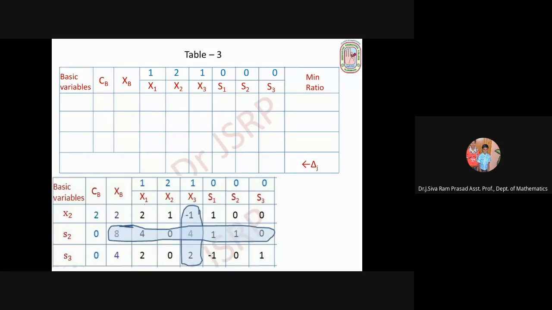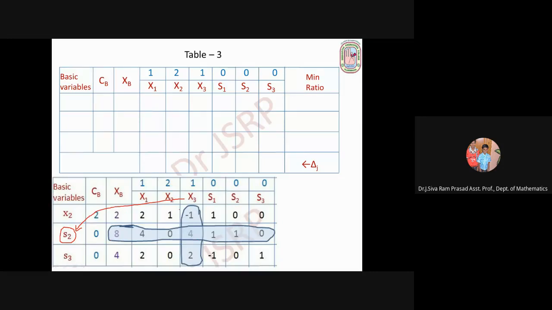So this is table 2, previous table. Observe table 2. First fill the basic variables. Here, from the previous table, second table, S2 is replaced by X3. S2 is leaving basic variable, X3 is entering basic variable.